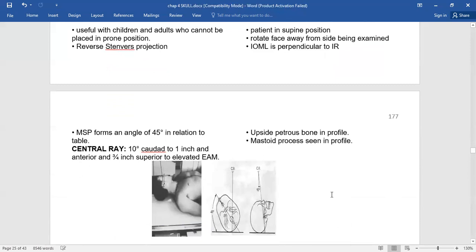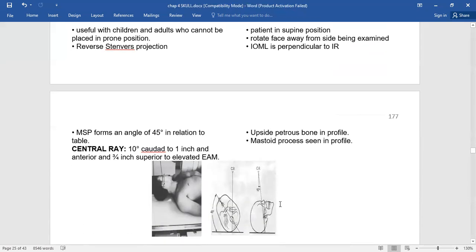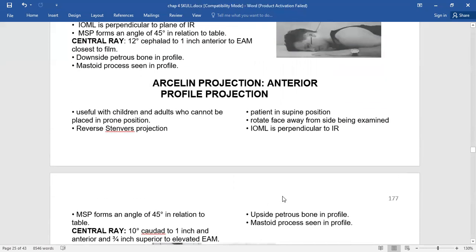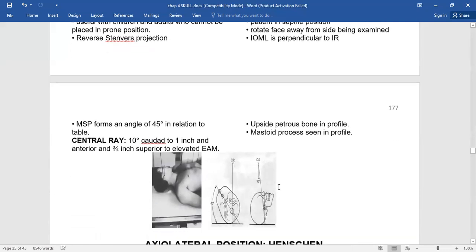The MSP forms an angle of 45 degrees in relation to table, and the central ray can add 12 degrees dito sa standverse, sa arceline 10 degrees. So, it demonstrates the upside naman, petrous bone and mastoid process. So, standverse, downside petrous, arceline is upside.